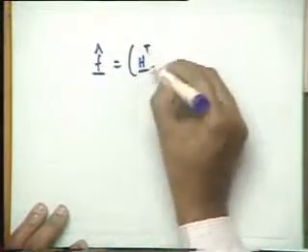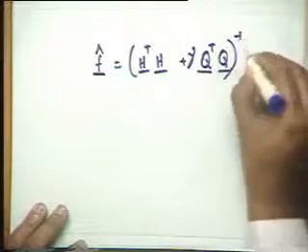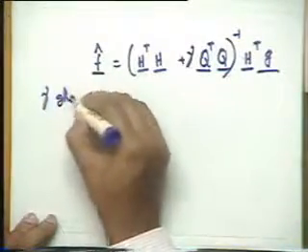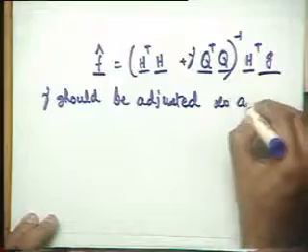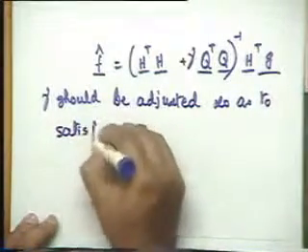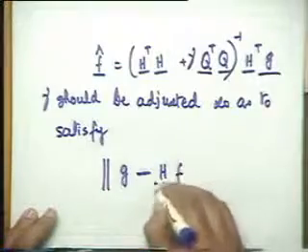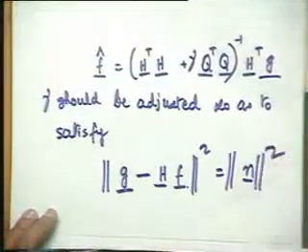So what we have to do is adjust gamma. This was our equation: F hat equals H transpose H plus gamma Q transpose Q, inverse, H transpose G. And gamma should be adjusted so as to satisfy the constraint that our norm of G minus HF square should be equal to norm of n square.